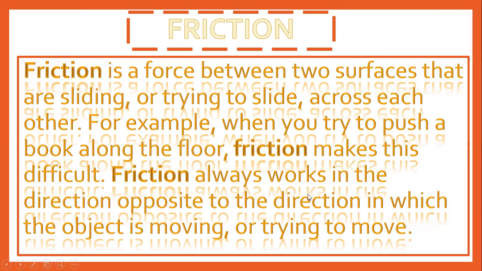Friction always works in the direction opposite to the direction in which the object is moving or trying to move. It means that we have two forces directly opposite to each other.